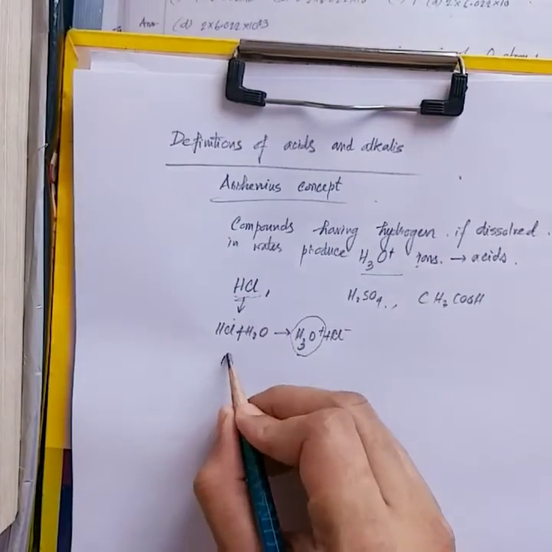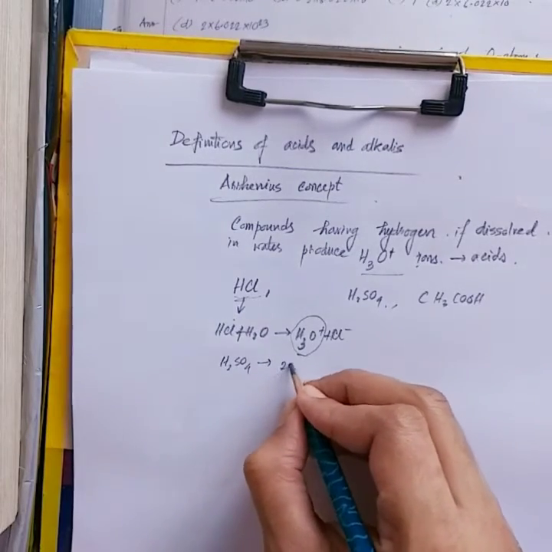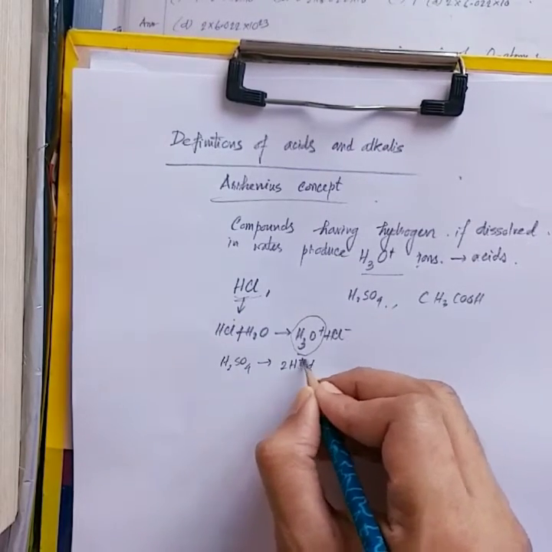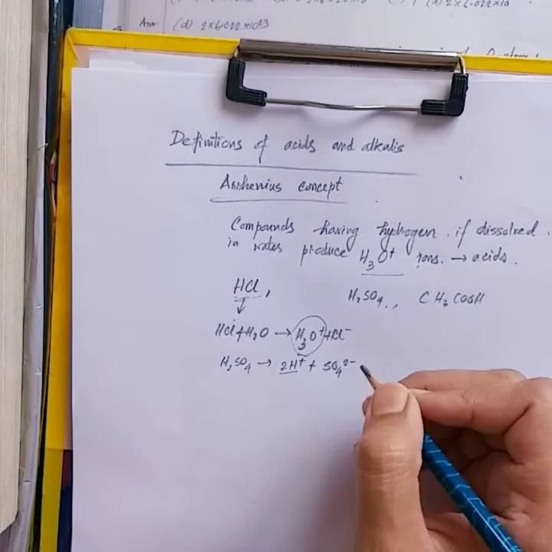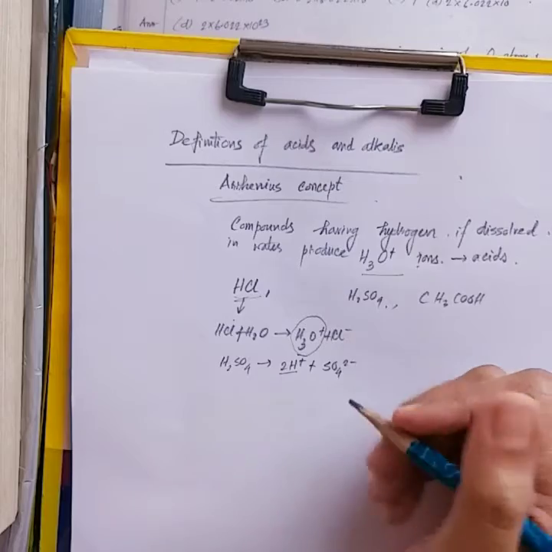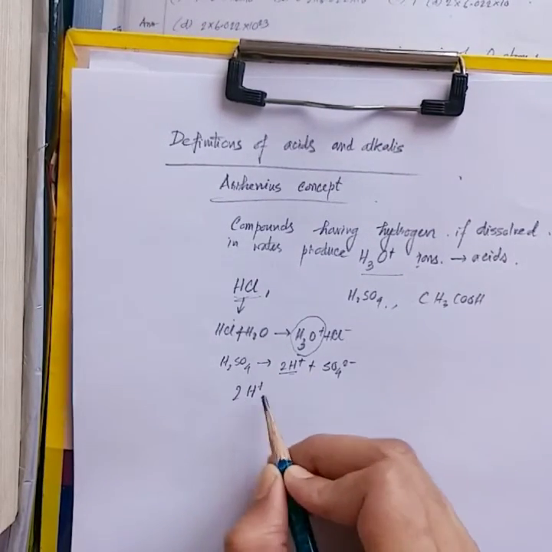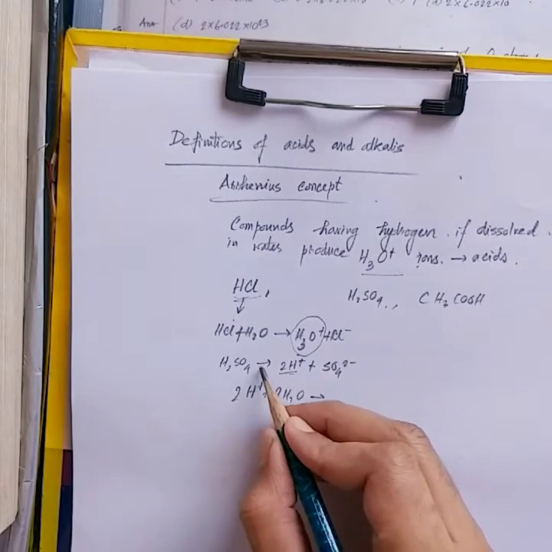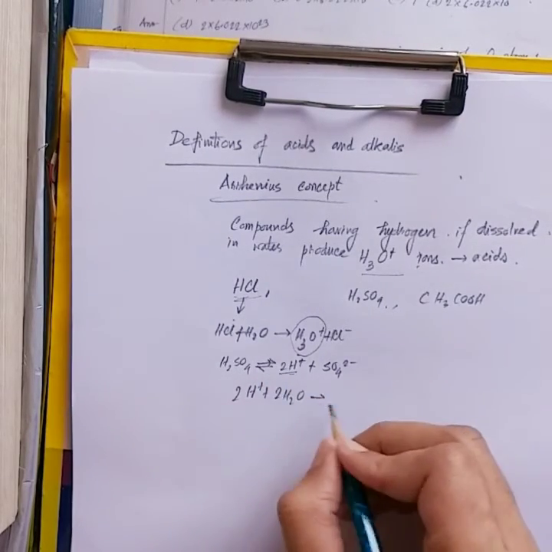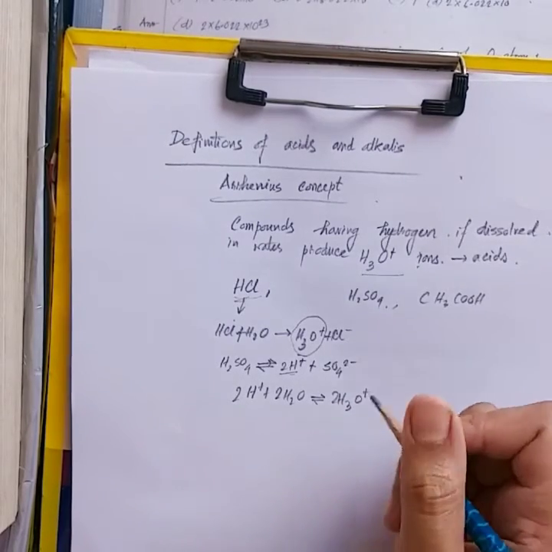For H2SO4, from here you are getting actually 2H plus, that is 2 hydrogen ions, and SO4 2 minus, that is sulfate radical. Okay, now these hydrogen ions will combine with water molecules and form H3O plus ions, that is the hydroxonium ion.